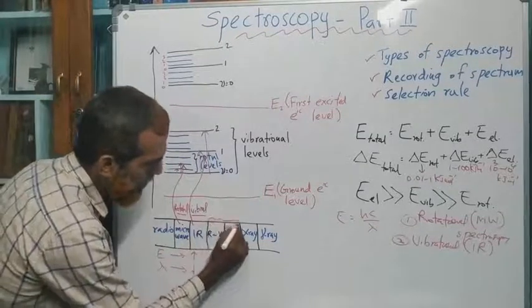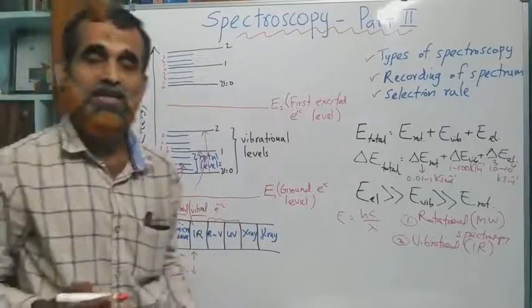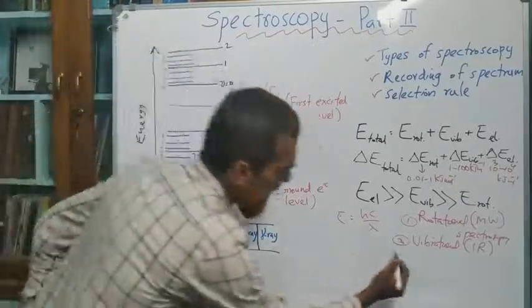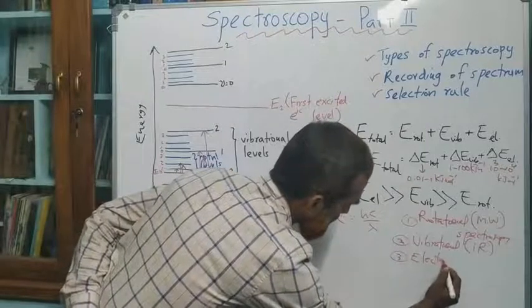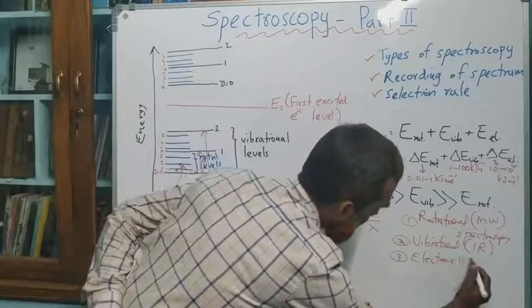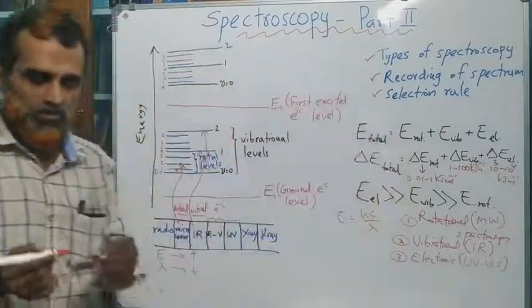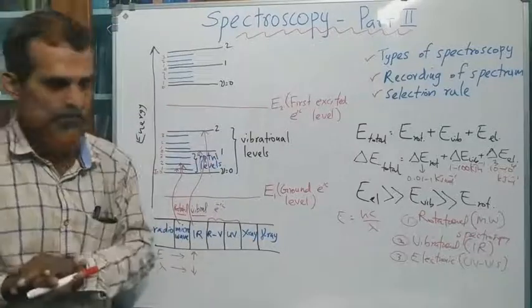These two are used for electronic transition. So electronic spectroscopy is also called UV visible spectroscopy. So that's the third one, electronic or UV visible spectroscopy. So three types of spectroscopy which we come across from this diagram.